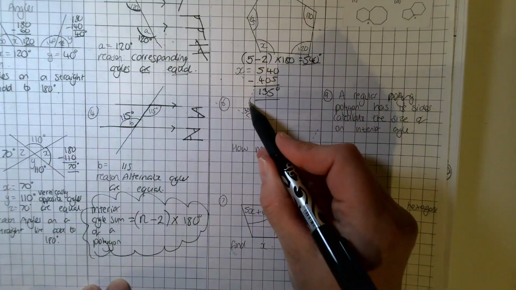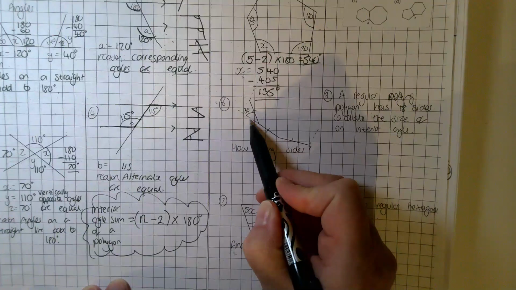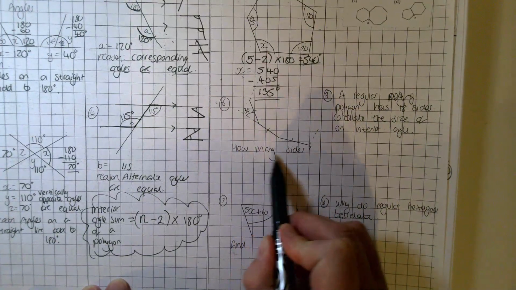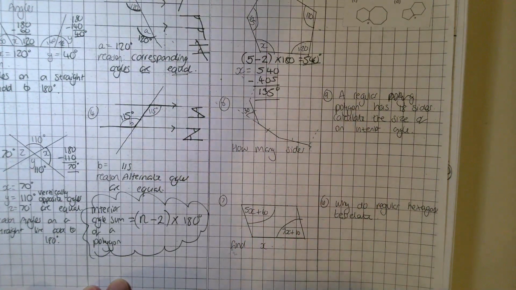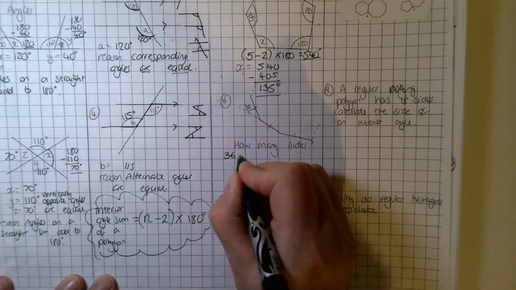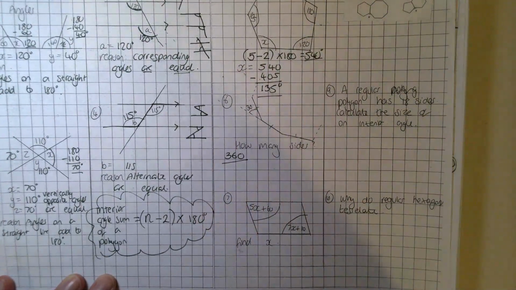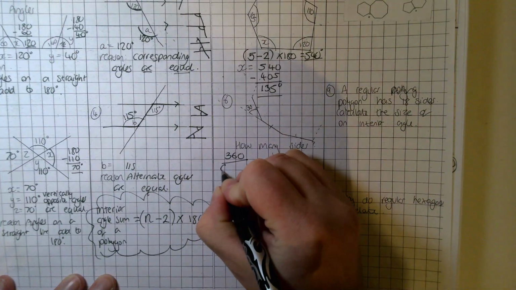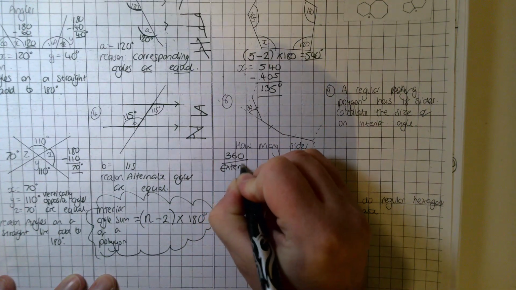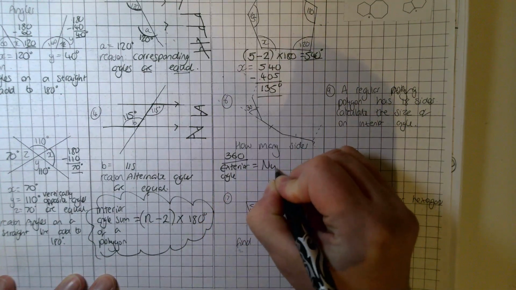So maybe you've got a polygon and you're told an exterior angle and you need to work out how many sides it has. So here's another rule we need. If you divide 360 degrees by one exterior angle, that will tell you the number of sides it has.